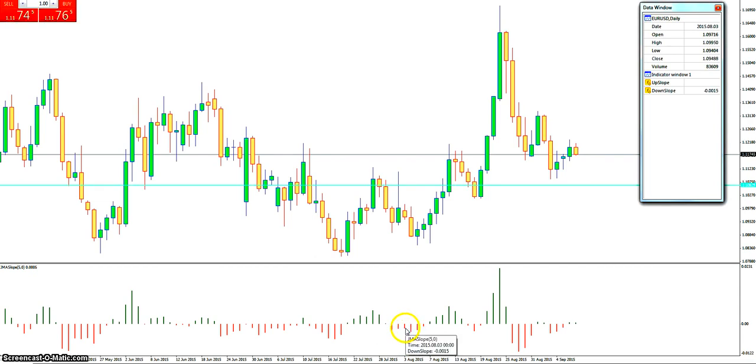So this is a peak, but this is not a peak. Why? Because this is not higher than the previous bar. The previous bar was 0005 and this is minus 0026, so this is lower than the previous one.